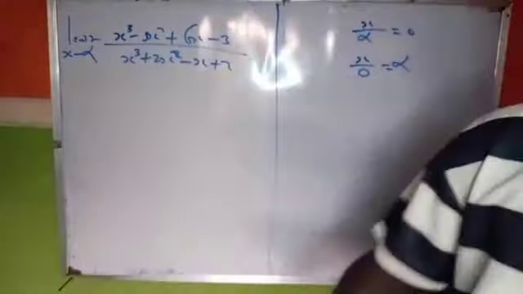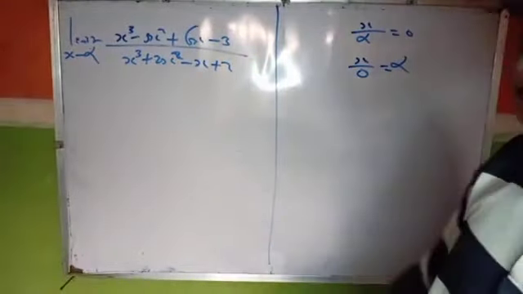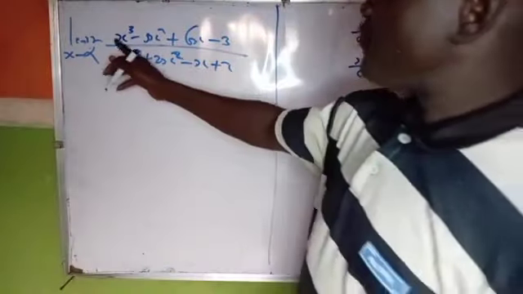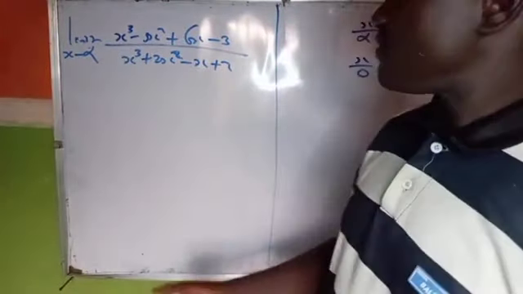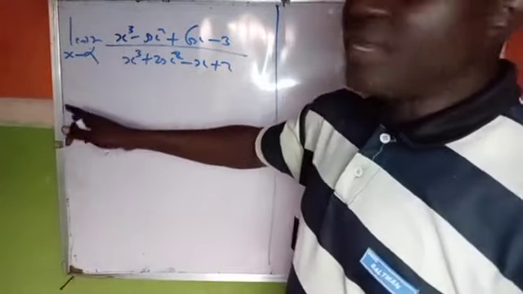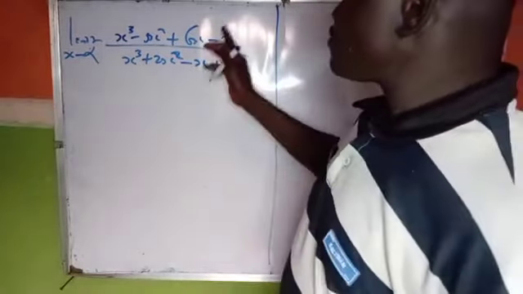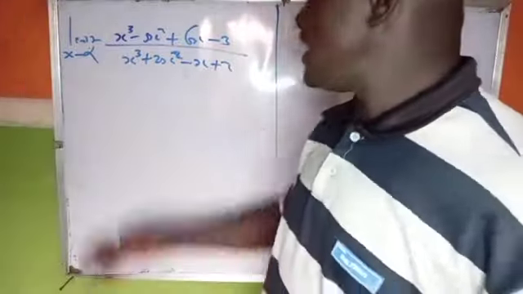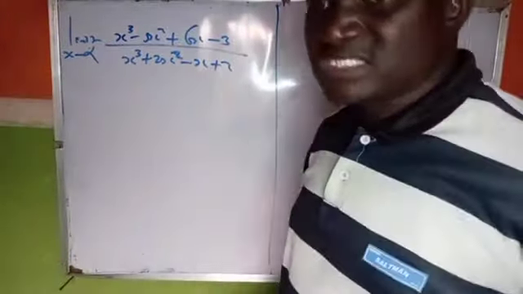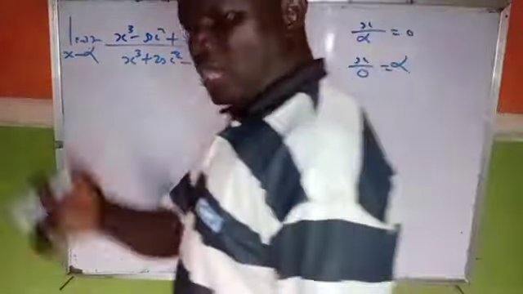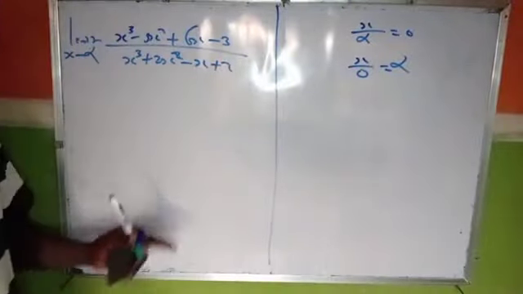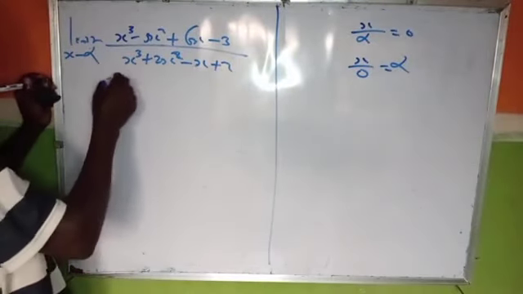Here, you can't use direct substitution, because it's going to give you an indeterminate form: infinity minus plus infinity, all divided by infinity. So how are you going to solve it? So that's it. The method of what?